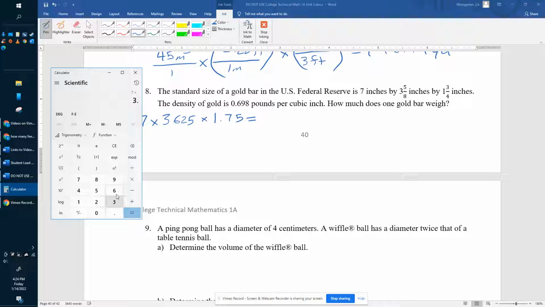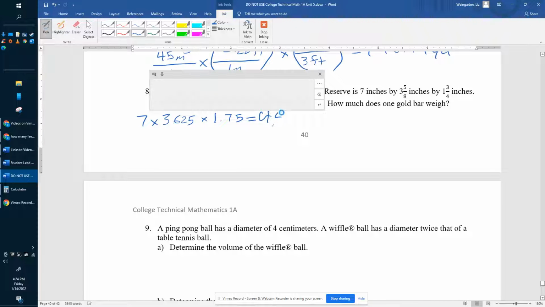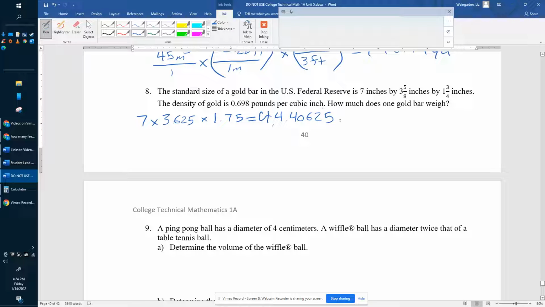7 times 3.625 times 1.75, 44.40625 inches cubed. So it's telling us the density of gold is that many pounds per cubic inch. So 0.0698 pounds per inch cubed.